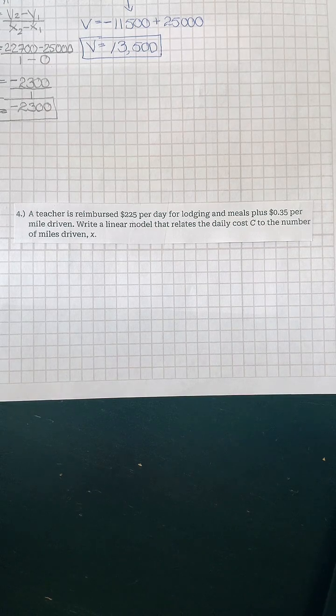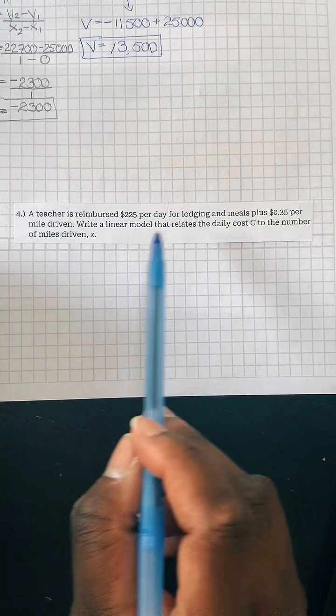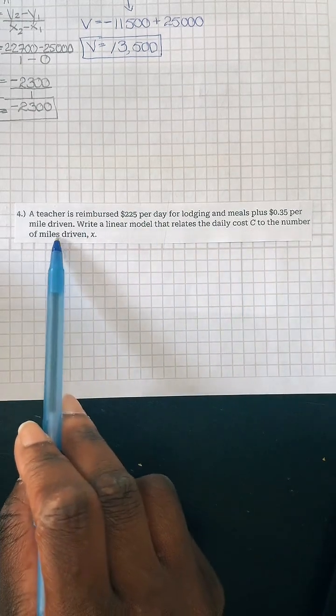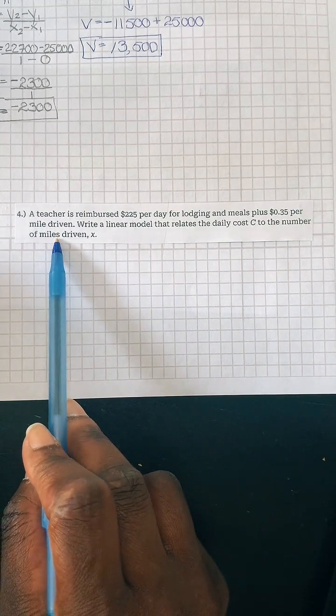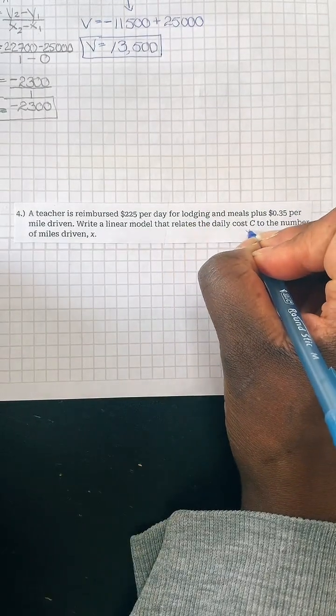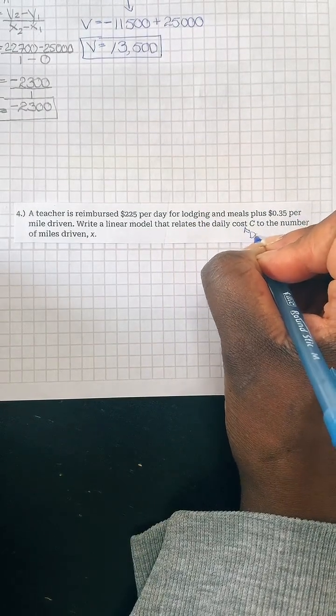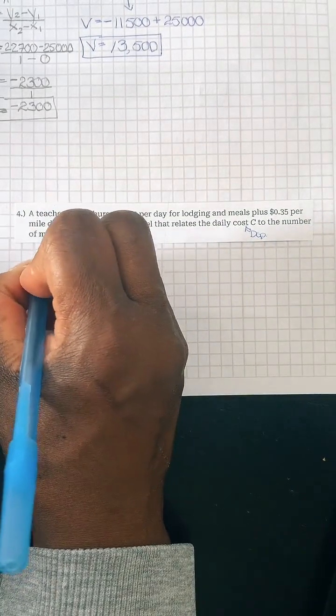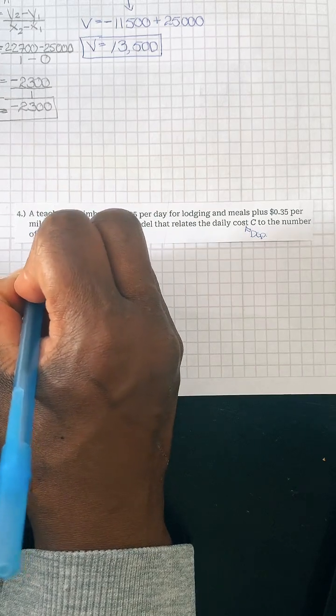So the cost depends on the miles. How much money you will make is going to depend on how many miles you drove. So your cost is your dependent. The money that you're going to make depends on how many miles you drive.